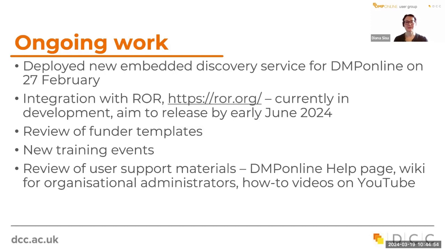This is, by the way, the discovery service itself. This is where users set up their single sign-on facility and go and search for the organization. If you remember, in the past, the UK Federation provided the service, and users would have to click on a page that took them to another page that certainly didn't look like DMPonline, and sometimes it confused users.